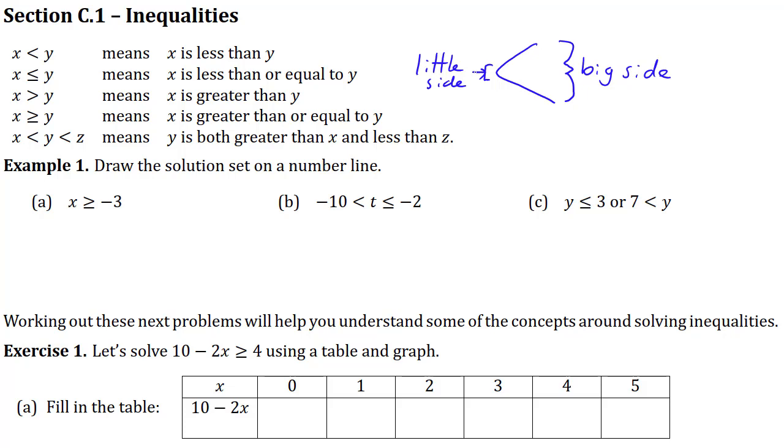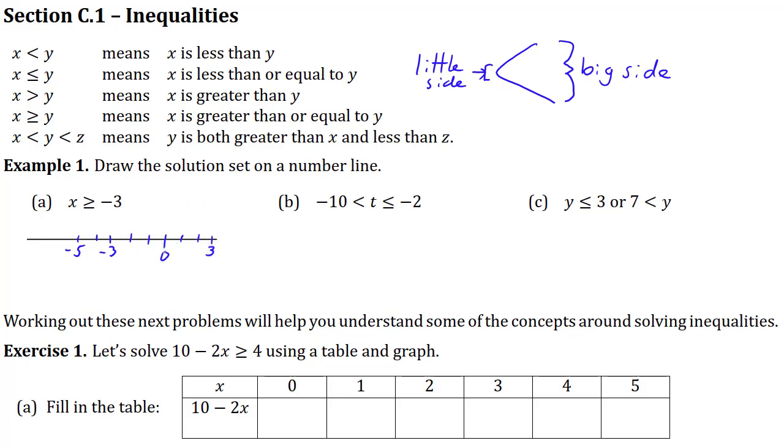So if you have x is greater than or equal to -3, then on a number line, there's 0 here, -1, -2, -3, and then we've got -4, -5, and such out this way, and positive numbers over here, like +3.